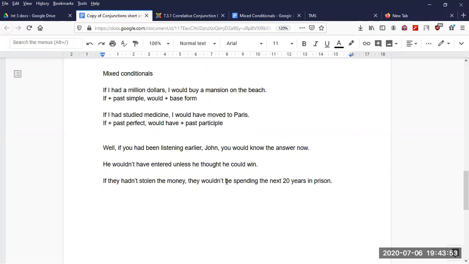These are a couple of examples from the platform. Well, if you had been listening earlier, John, you would know the answer now.